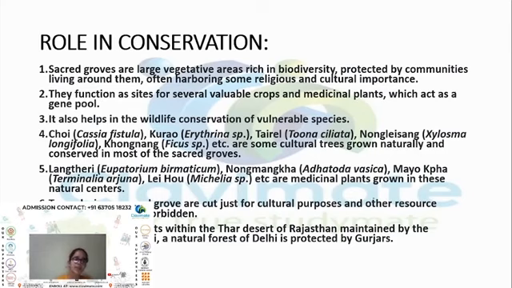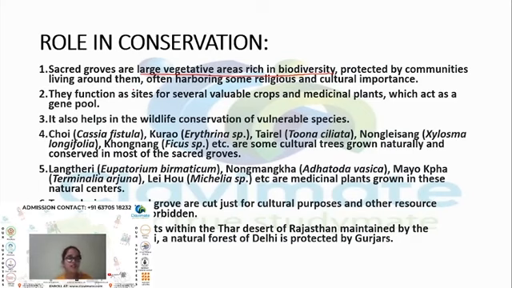So, how does this play an important role in conservation? Obviously they are forests, and they are large vegetative areas rich in biodiversity, protected by the communities living around them because they have religious and cultural importance. So people living around them try to protect and conserve them.